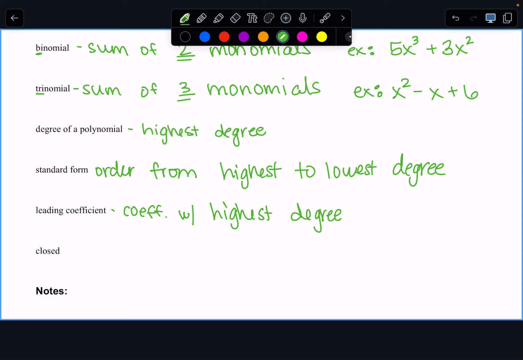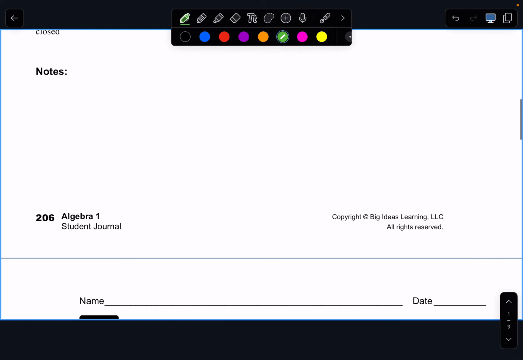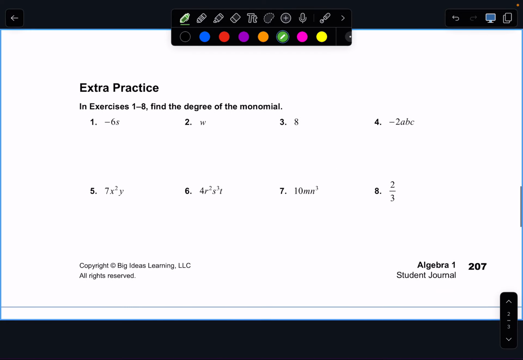So, we have our vocabulary, okay? I want you to look at the bottom of the next page.